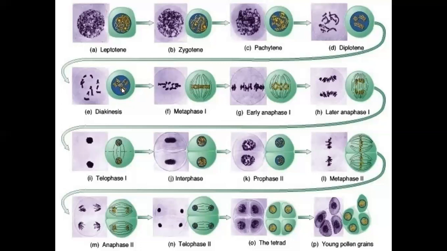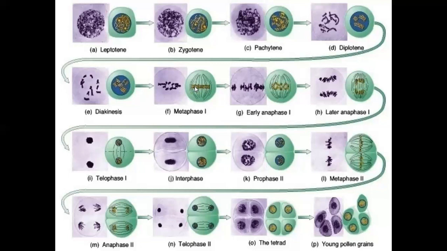After prophase 1 of meiosis 1, the diakinesis chromosomes enter metaphase 1. In this metaphase 1, the tetraploid chromosomes are arranged on the cell plate.